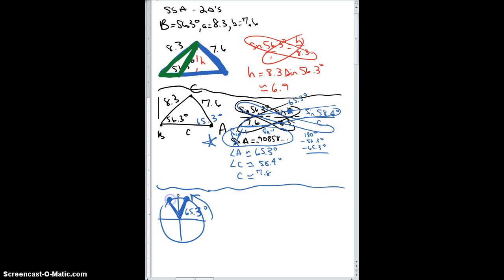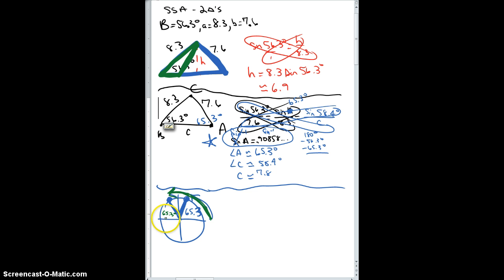So I also need to know this other angle, and I'm going to use green to match, but I also need to know that angle right there. And so if I look, this is also 65.3 because it's symmetric.